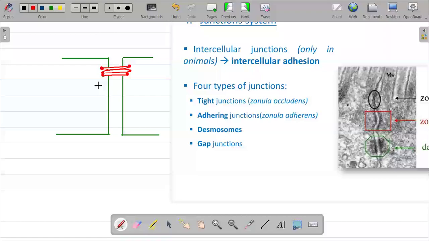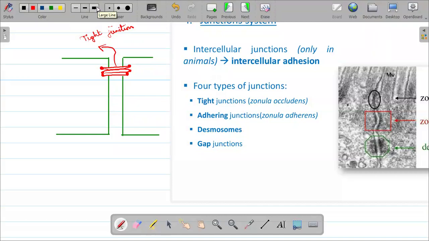Okay. This one is called your tight junction. This one, commonly, we are going to call a tight junction.